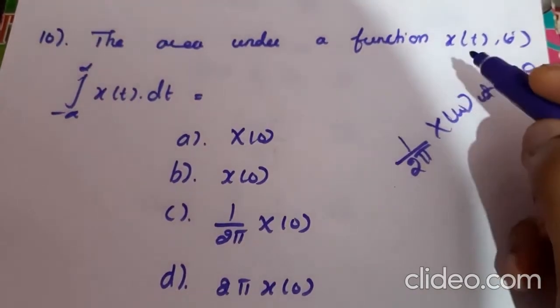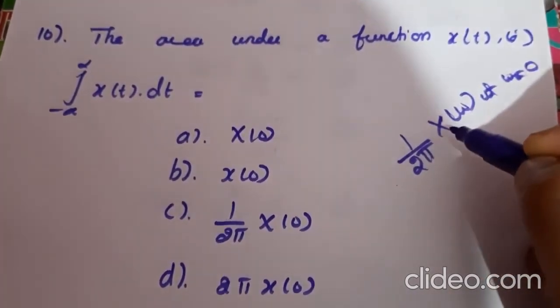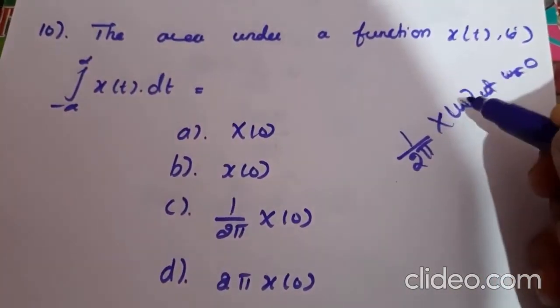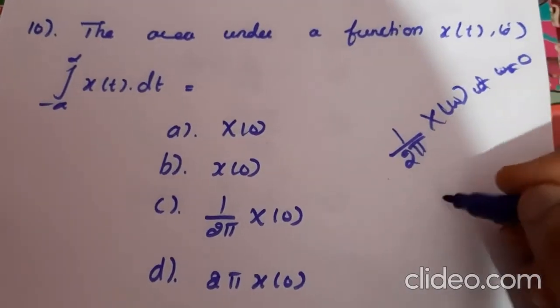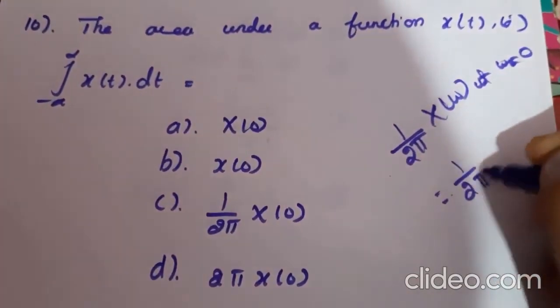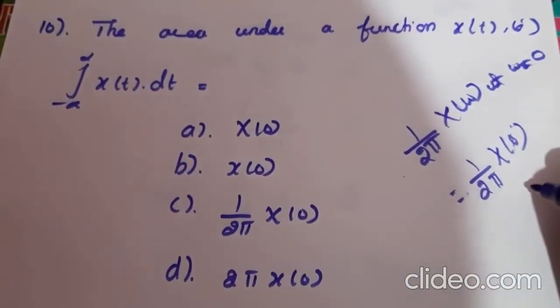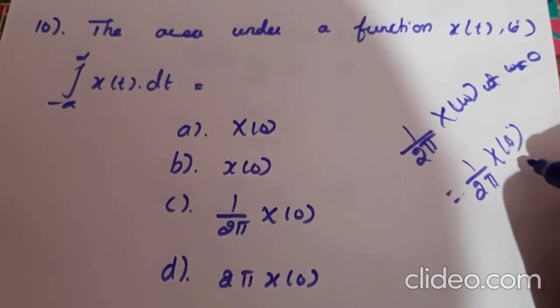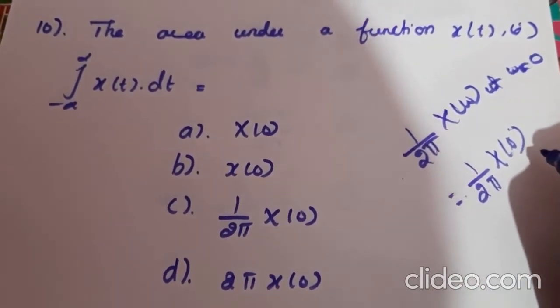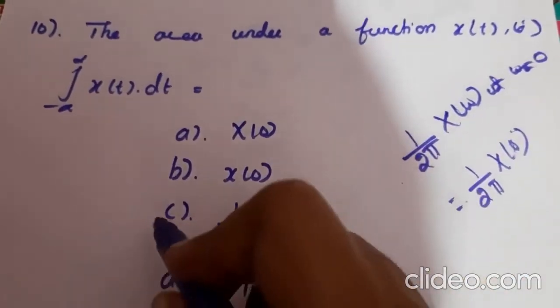So the area under a function x of t is always equal to the Fourier transform of that x of t at omega equal to 0. So here the answer is 1 by 2 pi X of 0. So this is the answer for the area under a function x of t. So here the answer is C.